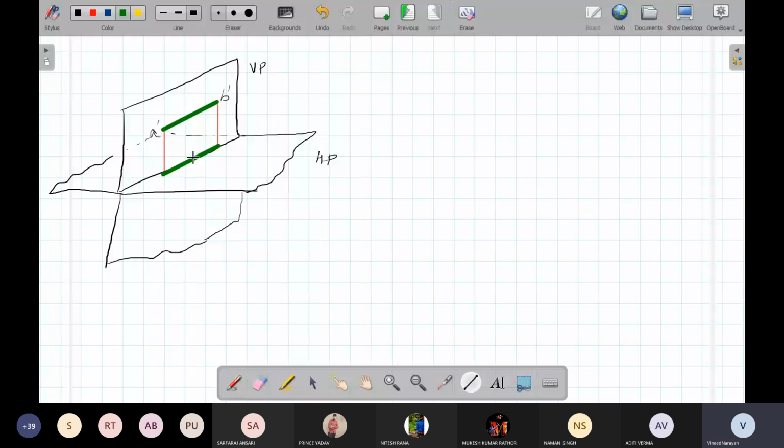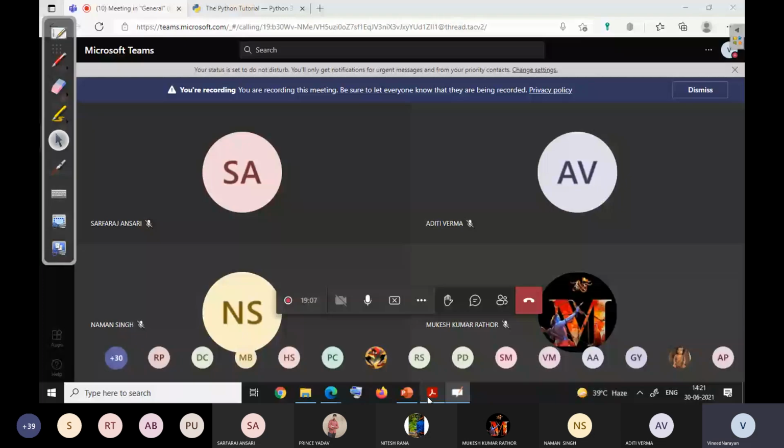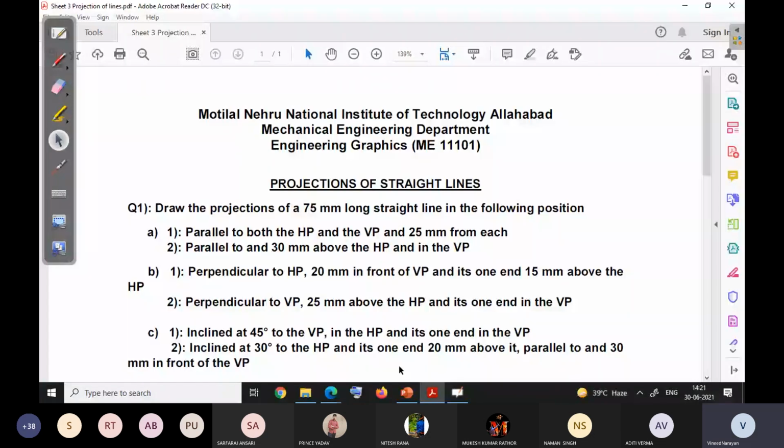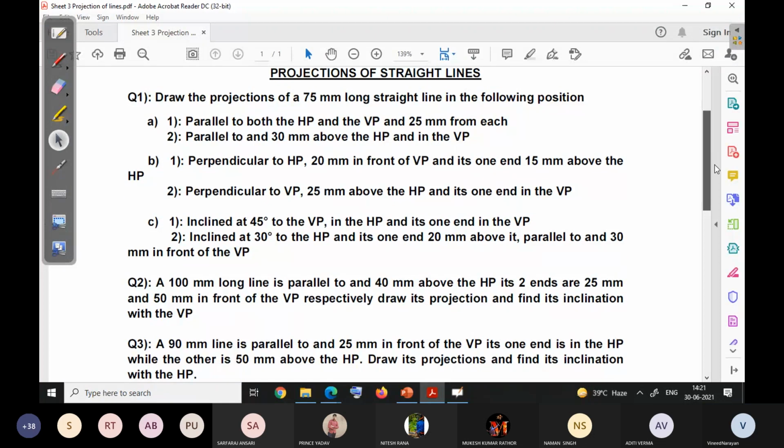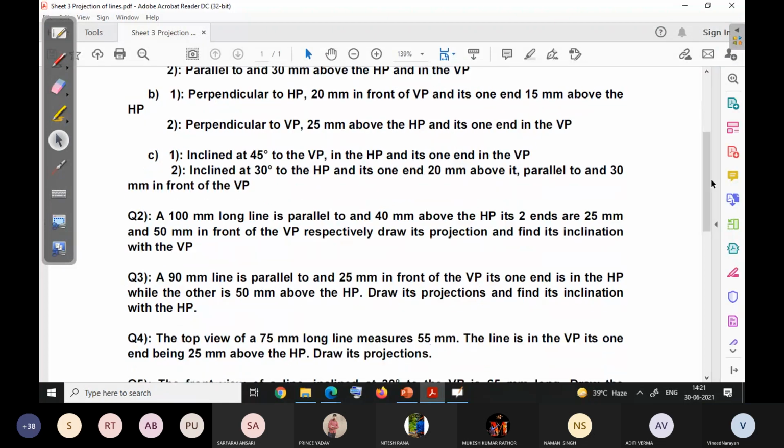So I guess similarly you can draw other questions. I will take another example which is inclined to both the planes. So the parallel cases are simple.